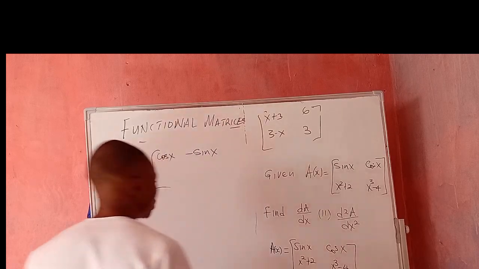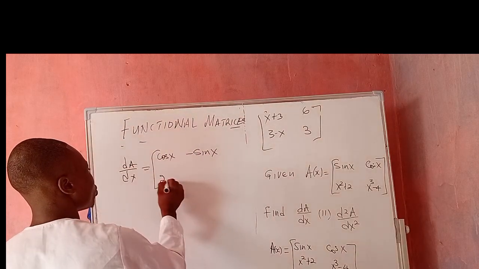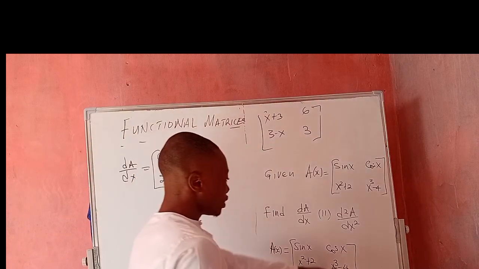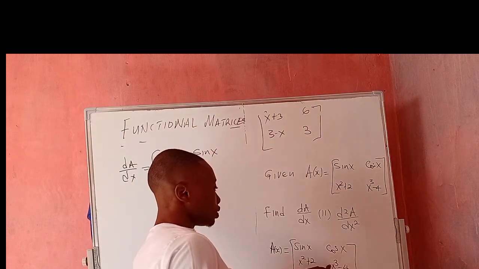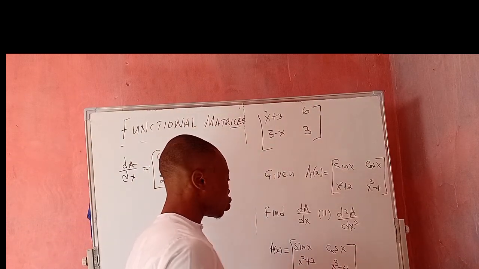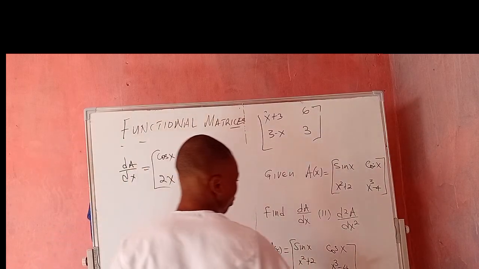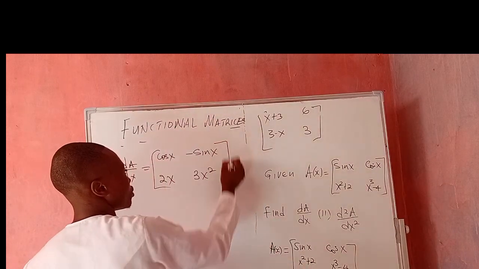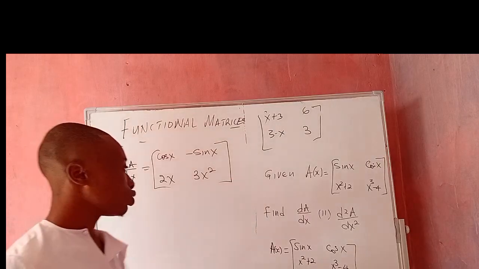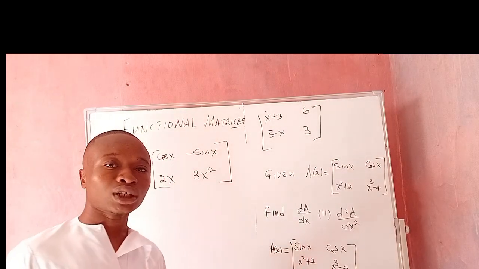And this constant becomes what? 0. So this is 2x. And the derivative of this one is going to be 3x to the power what? 2. So 3x to the power 2. And this constant 4 becomes what? 0. So this is the answer for what? dA dx.